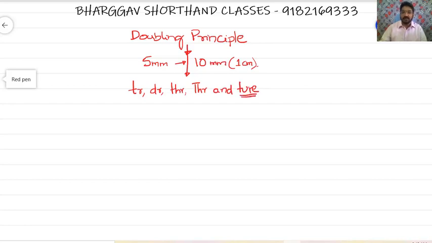Pronunciation is, phonetic says it is ture, but we call it as char. Future, F-U-T-U-R-E. We don't say future, we say future, right? Now, for want of tar, dar, thar, dhar and ture, that is char, we will employ doubling principle.